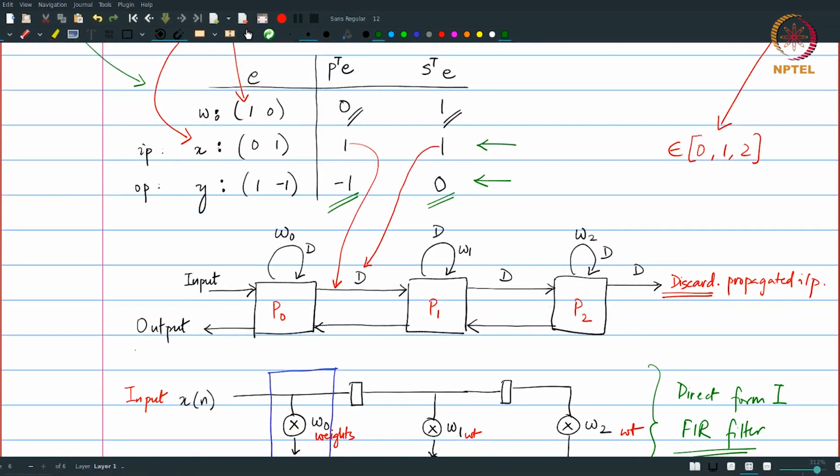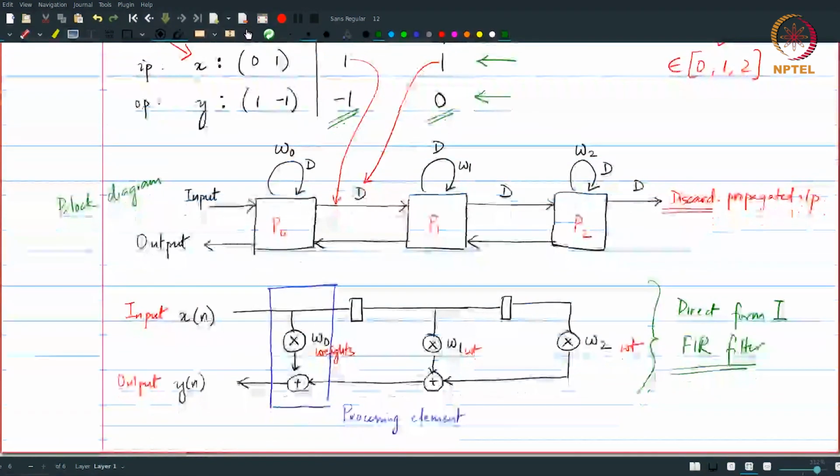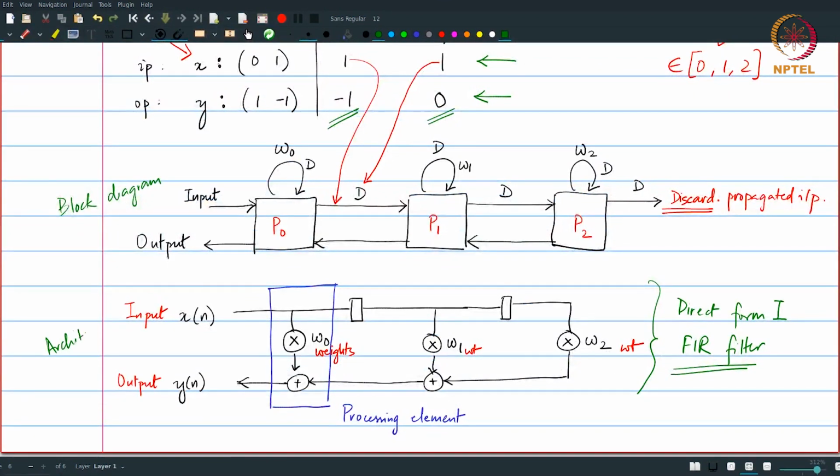We found that we can create this table. By translating this table into a hardware architecture, it ends up looking like this block diagram. And this is our actual architecture, the one that we are most familiar with, the direct form 1 FIR filter.